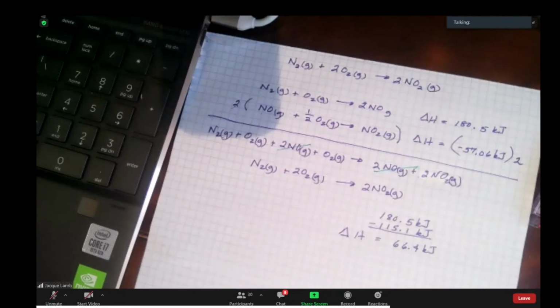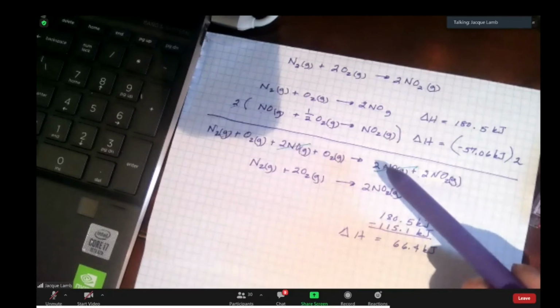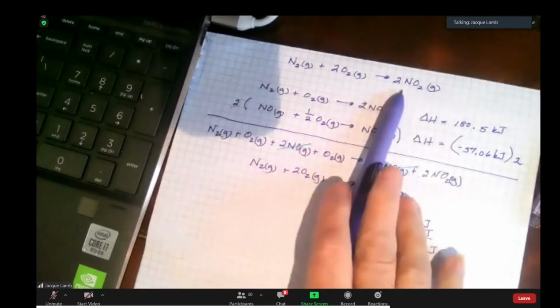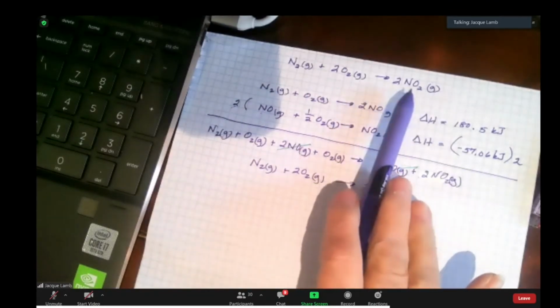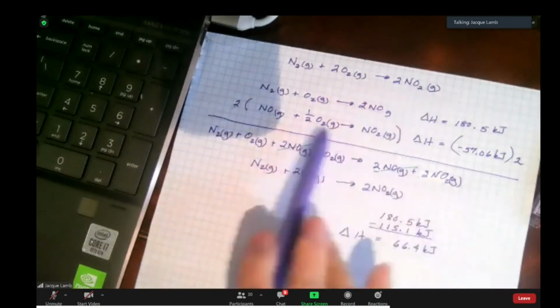You can sometimes see problems requiring 2, 3, 4 reactions. They sometimes get a bit more complicated when you have more reactions that you have to work with. But I always like to look for the product and try to figure out what reaction gives me that product and write that.